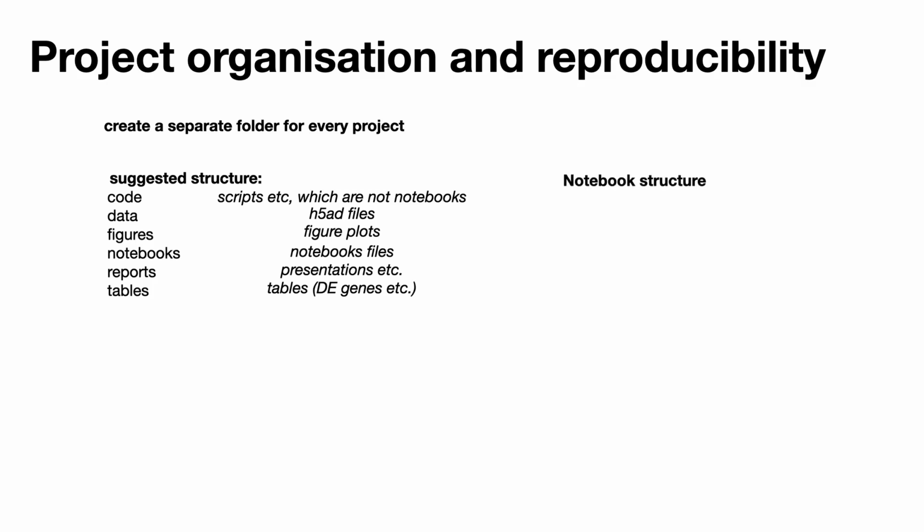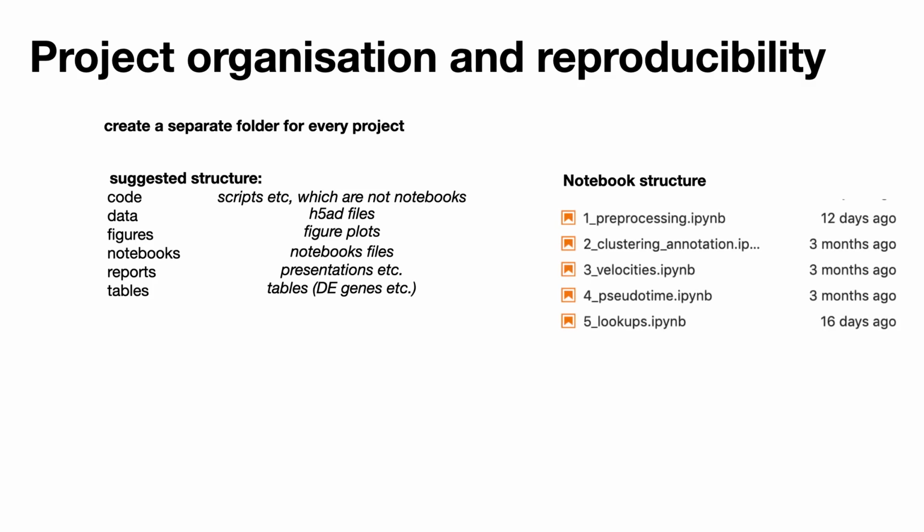On the notebook side, you can have such a structure. For example, when you did the pre-processing, once you're sure about your pre-processing, you potentially don't want to touch it again. So you save it as a notebook, and at the end of this notebook, you save your end data object.